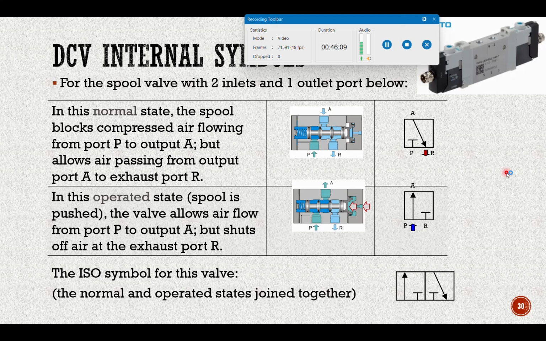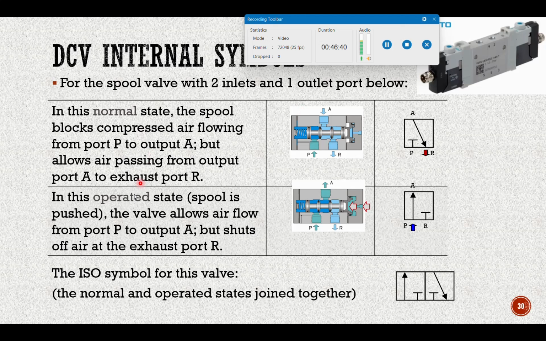Then the spool valve with 2 inlets and 1 outlet, like this one. In the normal state, the spool blocks compressed air flowing from port P, but air flows from output port A to exhaust port R. So the air will continuously flow in that direction.